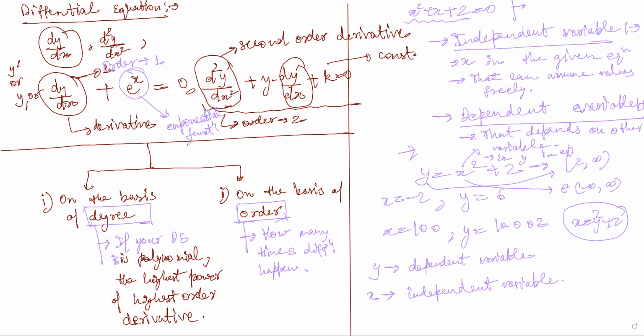This is a mixed kind of function, but certainly not a polynomial. So if our equation uses an exponential function, logarithm, or trigonometric functions, that is not a polynomial. Guys, remember this.